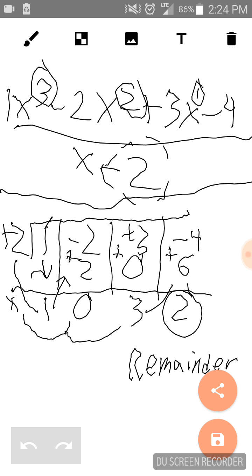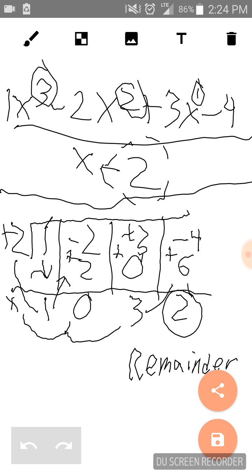The number at the end is called a remainder. That is going to be the number that's left by itself. If your remainder is a 0, then there's no need to touch it or mess with it. But since it's a 2, you're going to add it into the new equation that you have now.